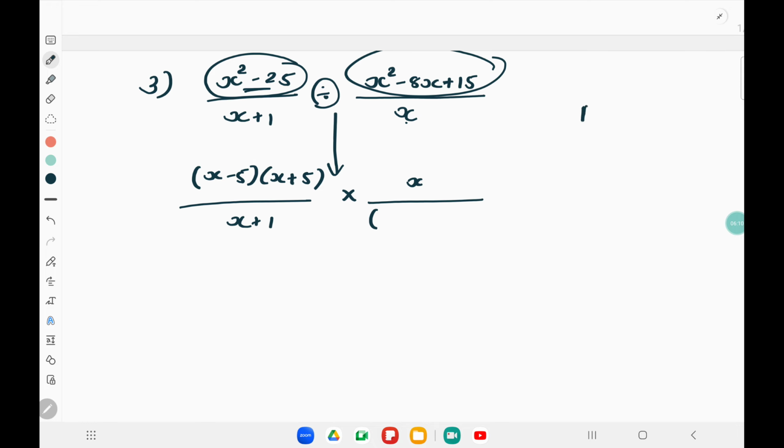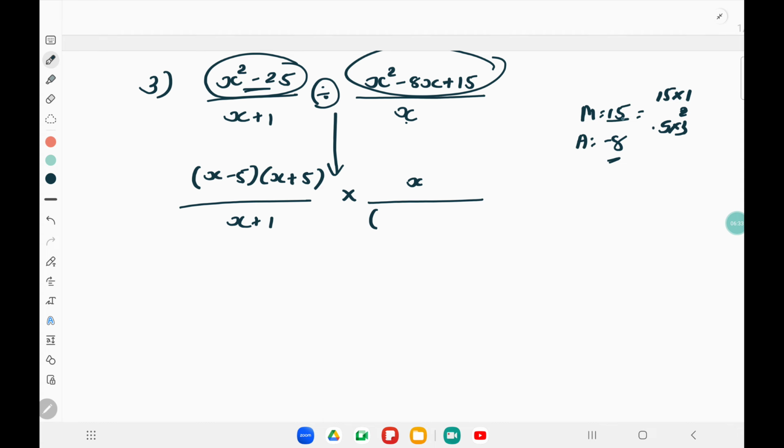When we multiply, we need 15, which is positive. When we add the two factors of 15, we need negative 8. So what are the factors of 15? 15 times 1, that doesn't work. 5 times 3 is 15, and that will work.